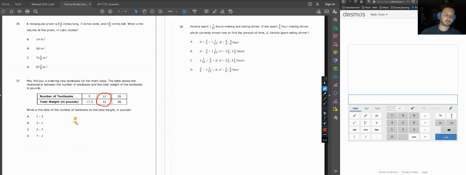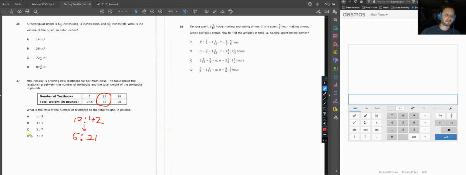Number of textbooks, 12. Total weight, 42. Simplify these numbers instead. They are both whole numbers, and both even, so it's pretty easy to start simplifying. Both 12 and 42 are divisible by 2. 12 divided by 2 is 6, and 42 divided by 2 is 21.